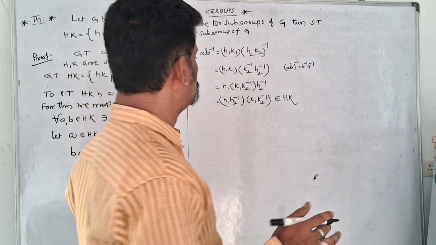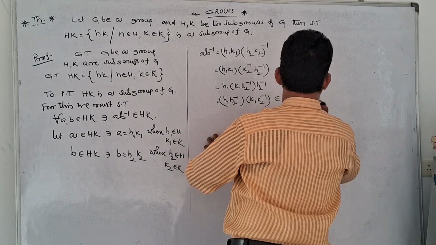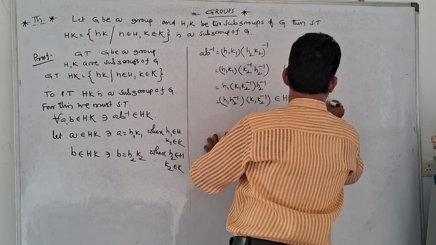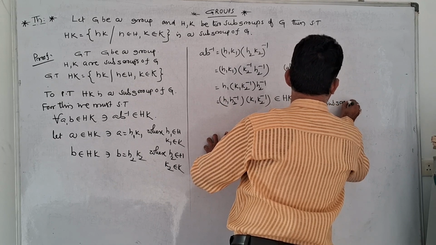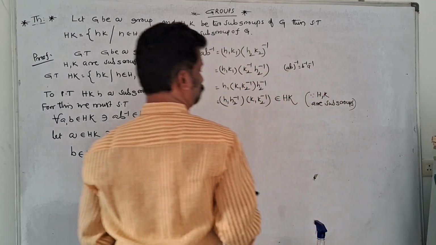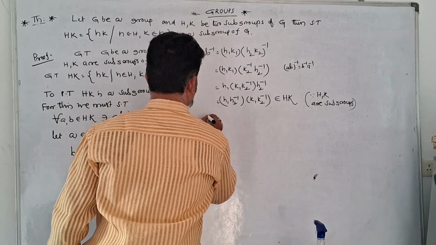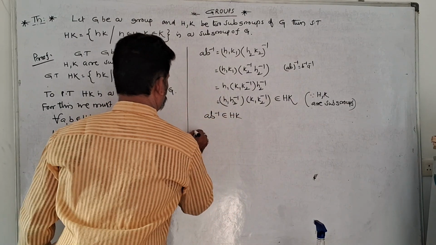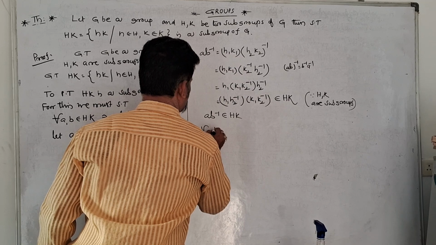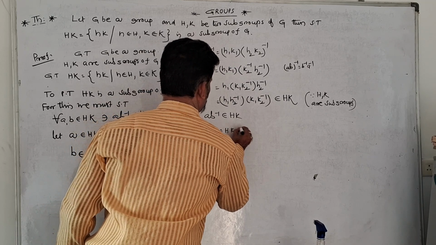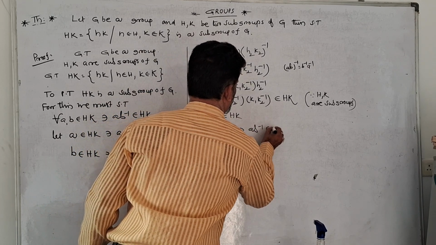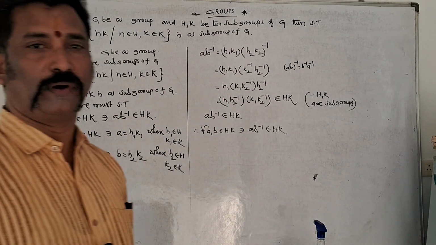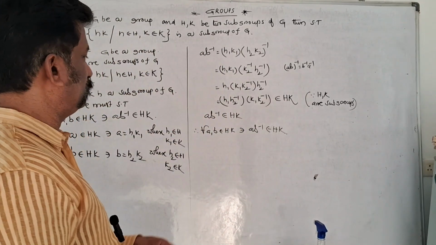Now, since H, K are subgroups, this implies ab inverse belongs to HK. Therefore, for all a, b belonging to HK, ab inverse belongs to HK. That's it. Therefore, HK is a subgroup of G.